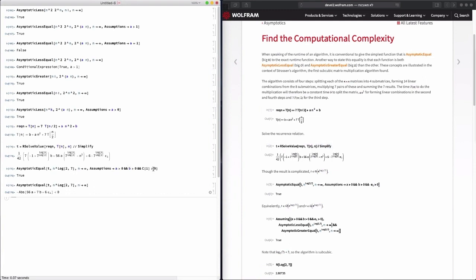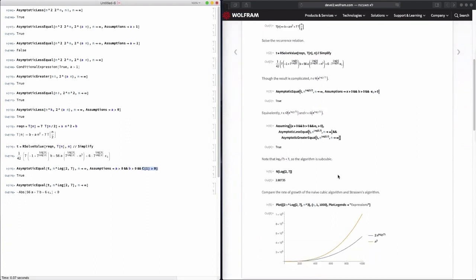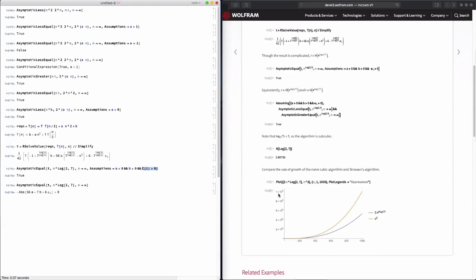And what were the assumptions I put in? Well, that the time constants were positive, and also our arbitrary constant of summation, since we're doing RSolveValue, was also positive. And these are all pretty obviously true things. So log base 2 of 7 is less than 3, which means this algorithm is faster.